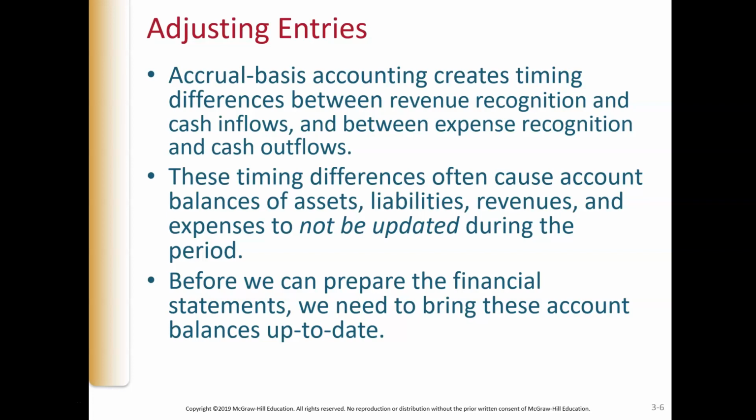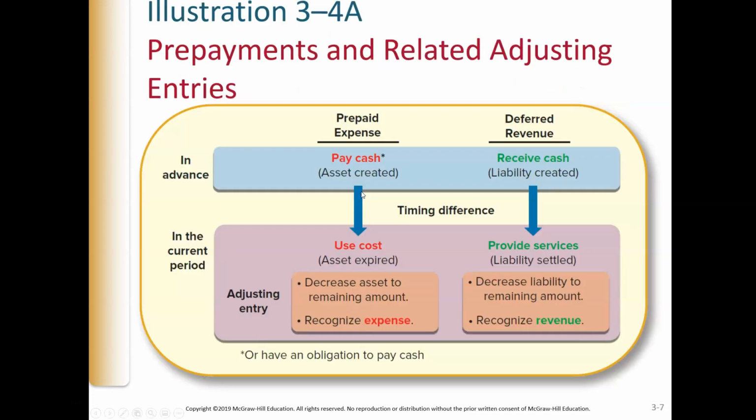Adjusting entries exist because accrual-based accounting causes timing differences between revenue recognition and when we receive the cash, and expense recognition and when we pay the cash. Those timing differences sometimes cause the balances in our accounts not to be correct. They haven't been updated. Before we can prepare the financial statements, we need to bring those account balances up to date.